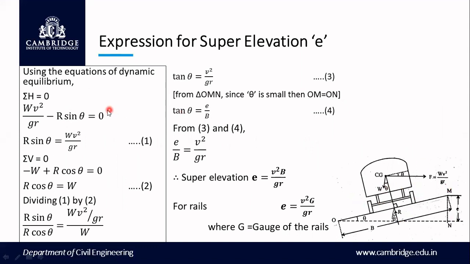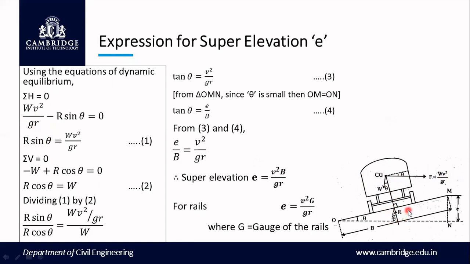So moving further, even here, to keep this condition in equilibrium, we make use of the conditions of equilibrium. Sigma H is equal to 0. This is the horizontal direction, this is the vertical direction, right? So this is acting in positive direction, that is plus WV squared by GR. Then this is vertically downwards, so we can't take this, but this reaction is inclined with respect to the vertical.